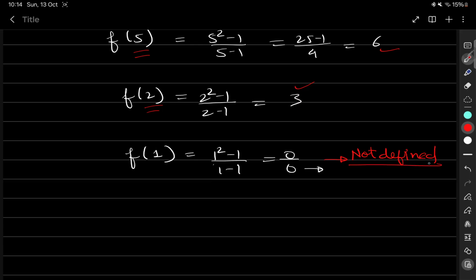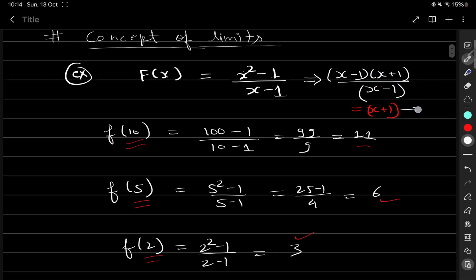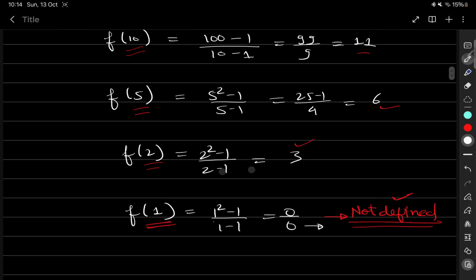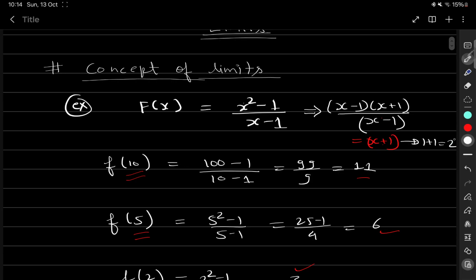It means the function value at 1 is not defined. But Bhola is saying, no, sir, I am getting 2. What is this? Bhola is getting 2, but we are getting not defined. As per mathematics, the function value at 1 should be not defined. That is correct only. Then what is this 2?